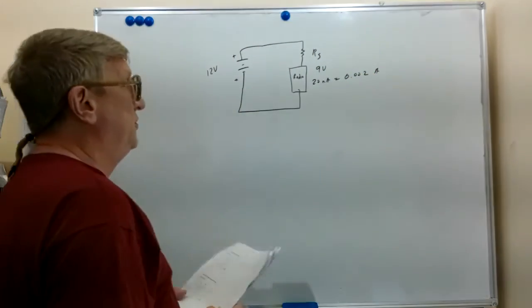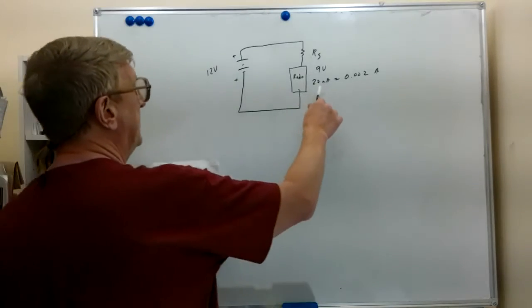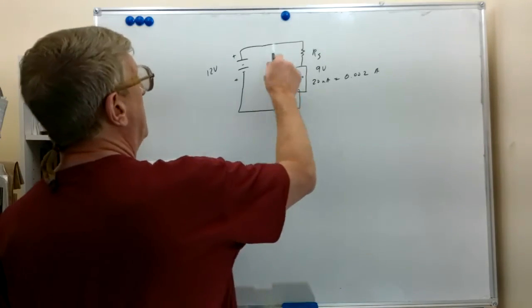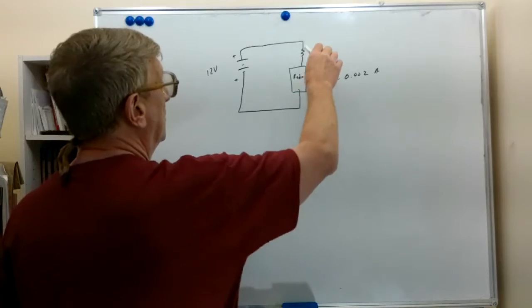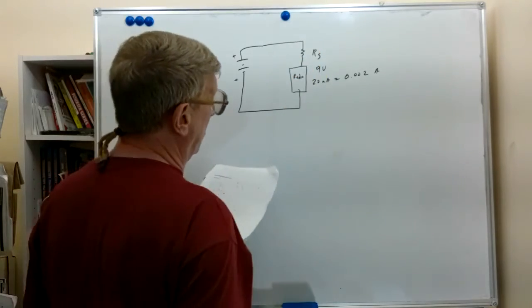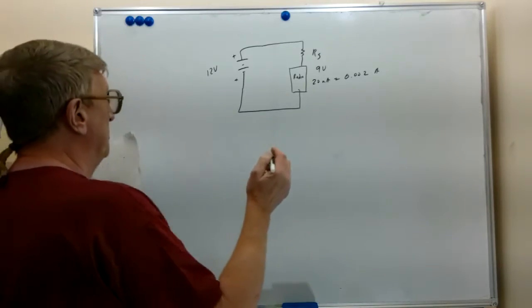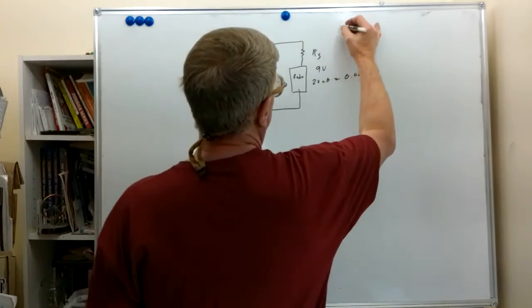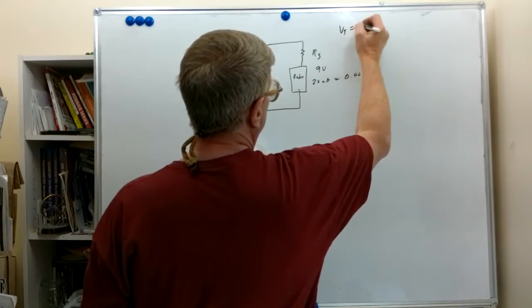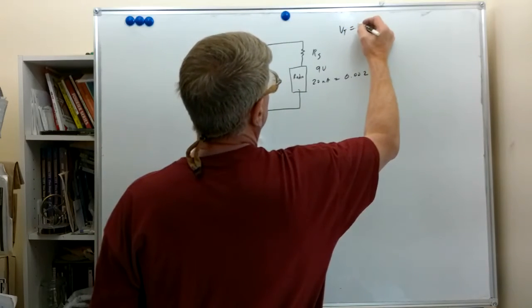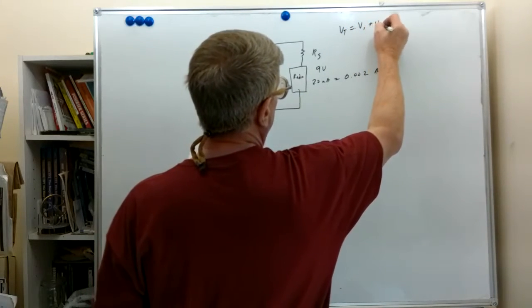So using that 20 milliamps, first we want to figure out how much voltage we want to reduce, which voltage we want to see drop across RS. So let's start with that. We'll use our series voltage formula again. We have that VT is equal to V1 plus V2 and so on.